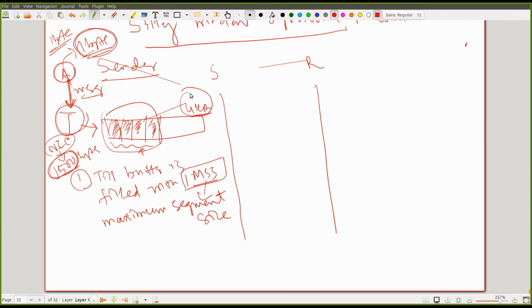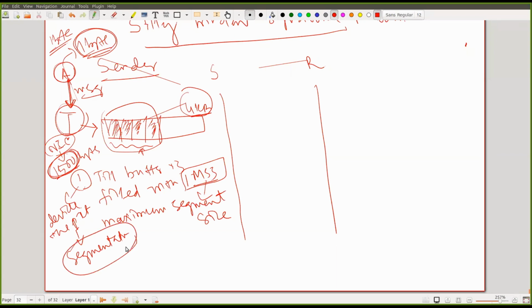Fragmentation happens at the network layer, but we will not talk about it at this point of time. We have to understand that if my NIC card capability is 1500, then at the transport layer itself, based on this capability, I have to divide the packets, and that is called segmentation.